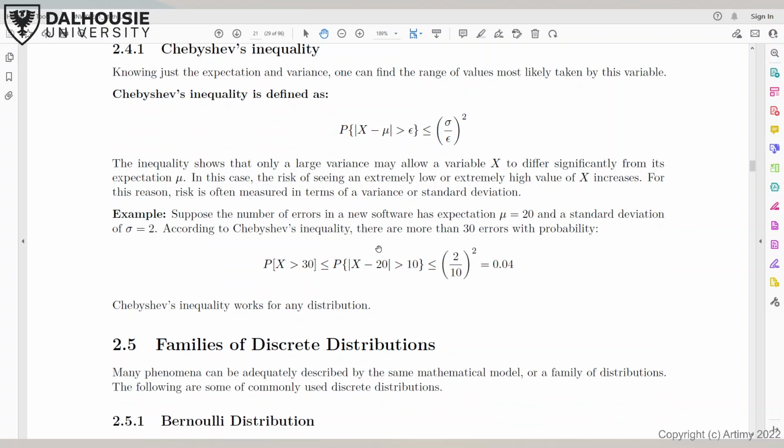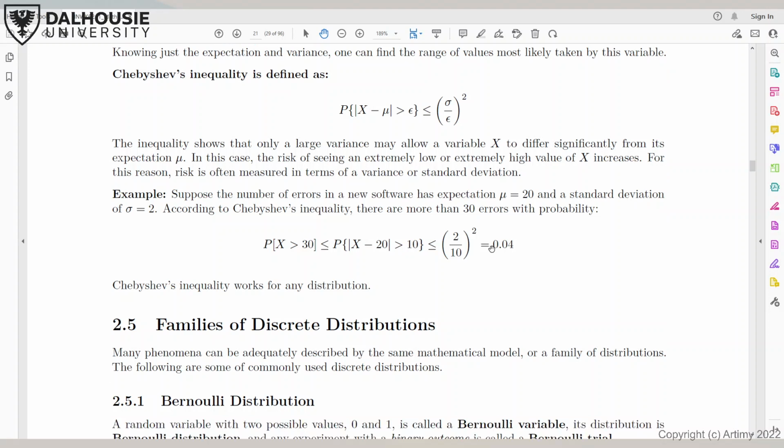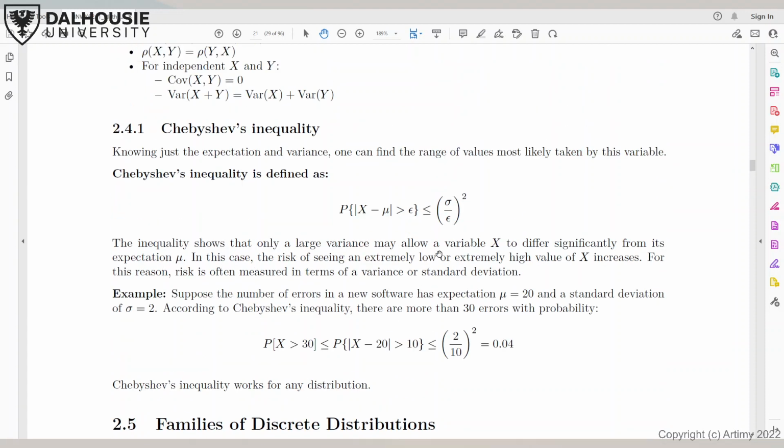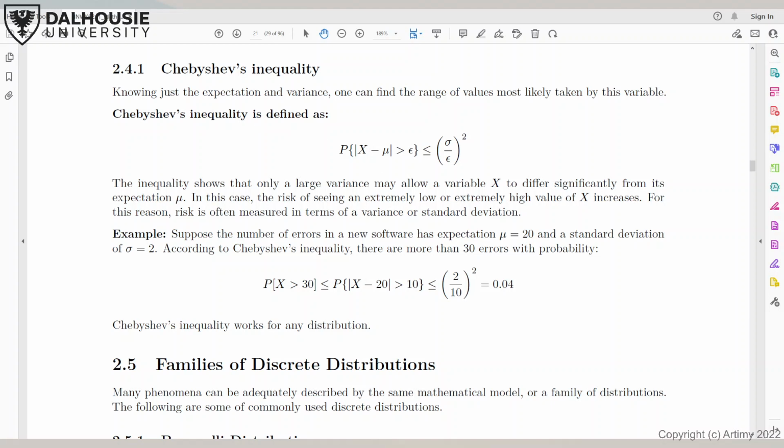So here we'll do an example. Suppose the number of errors in a new software has expectation mu equal to 20 and standard deviation sigma equal to 2. According to the Chebyshev inequality, we need to figure out the probability of having more than 30 errors. I will take this step by step.